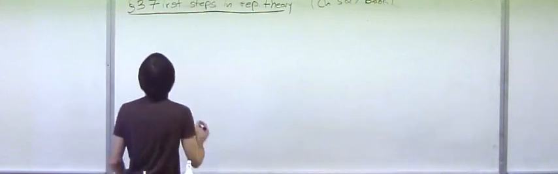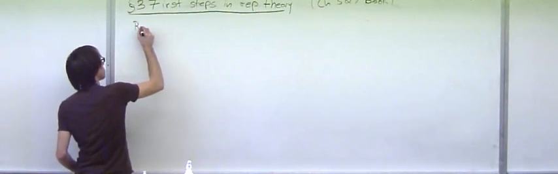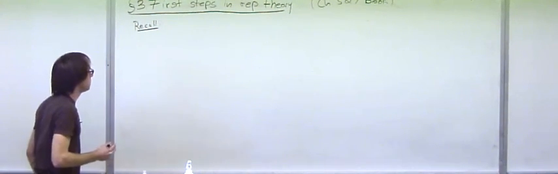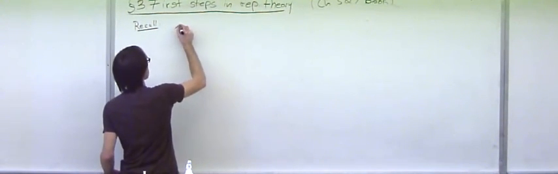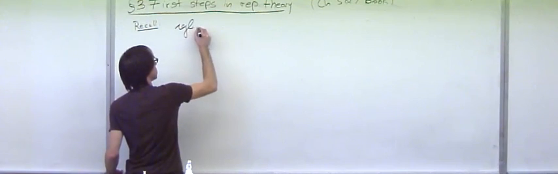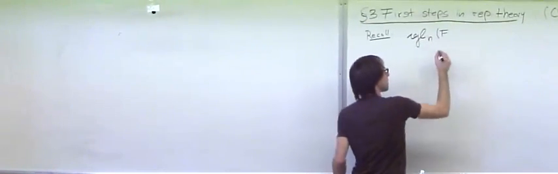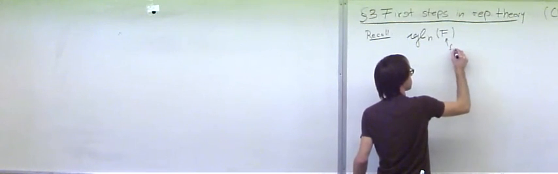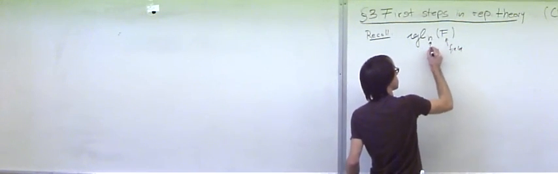Well, so recall there is one important example of a Lie algebra, namely GL_n(F), where F is a field, n is an integer.